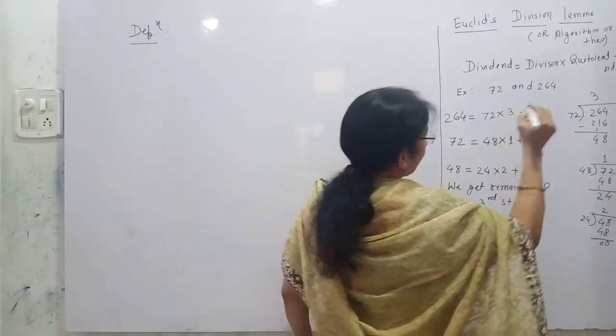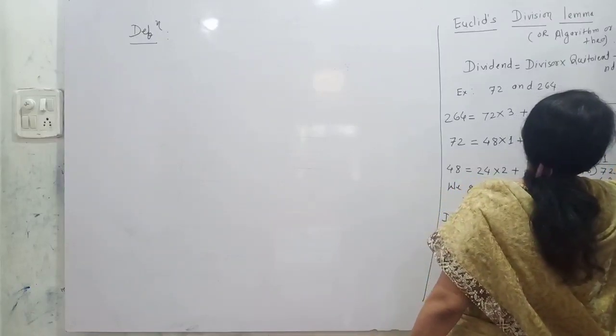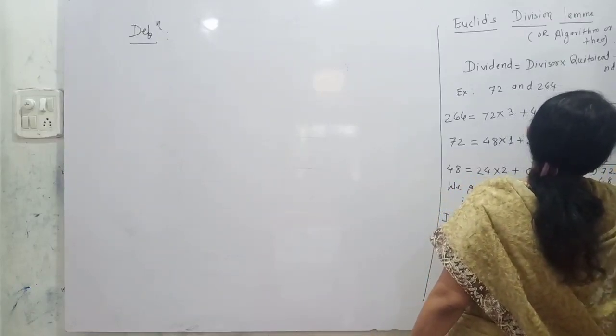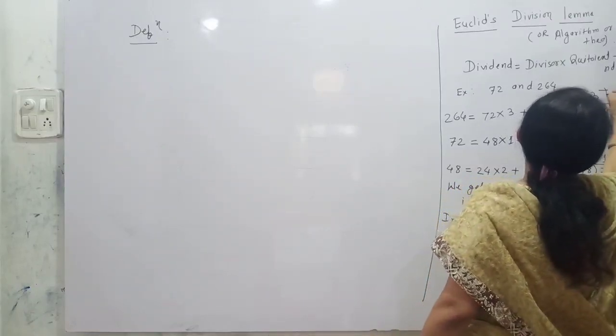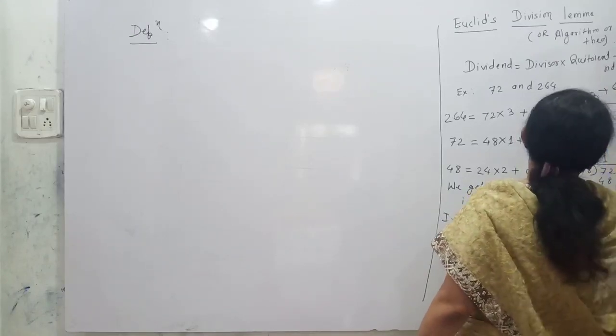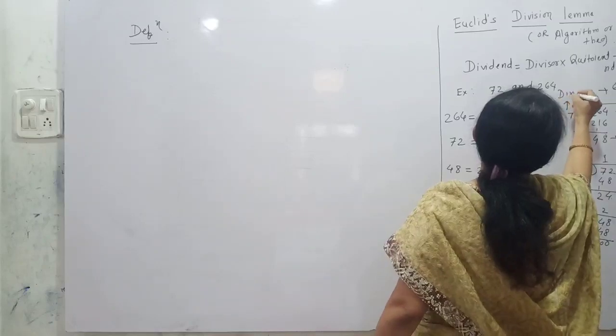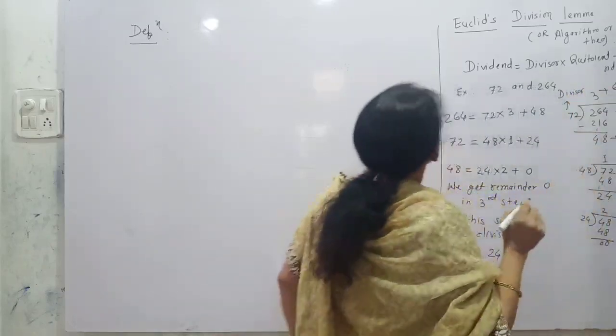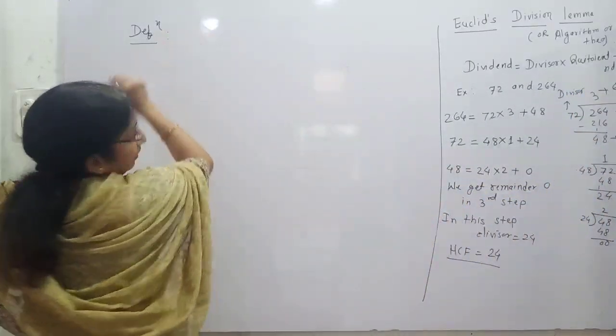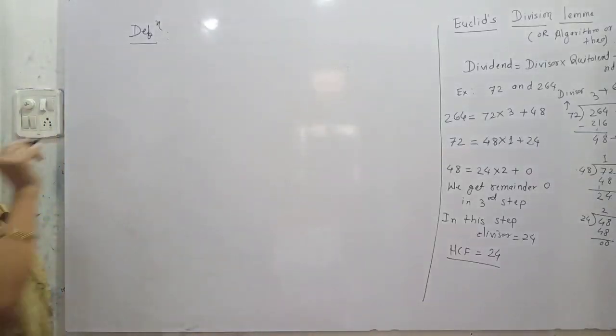Now here this is the dividend, this is the quotient, this is the remainder, and this is the divisor. So in Euclid's division lemma, how will you define it?